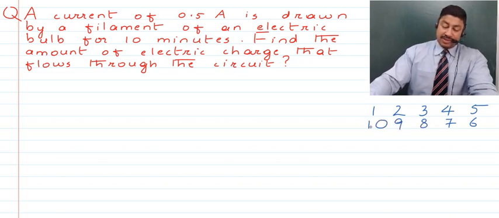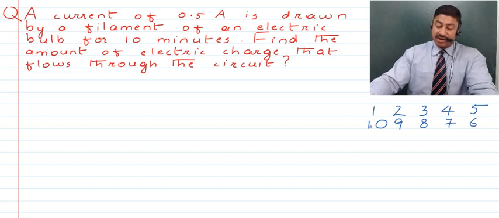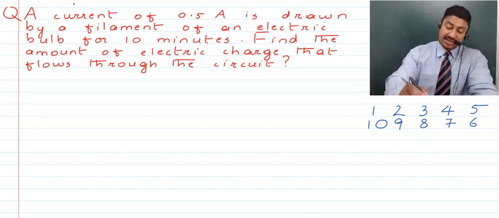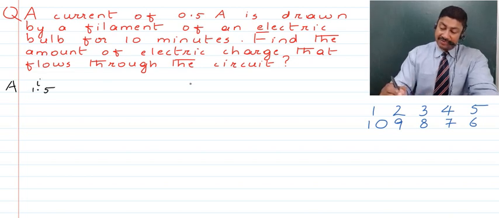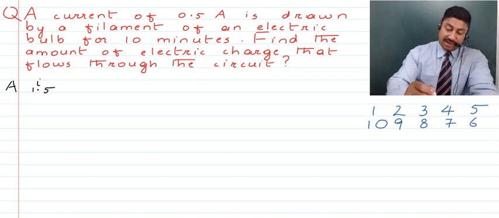Right. So here, children, in the question you've been given a current of 0.5 amperes drawn by a filament of an electric bulb. So you've been given the current. This is what we can register here, that the current has been given to you as 0.5.